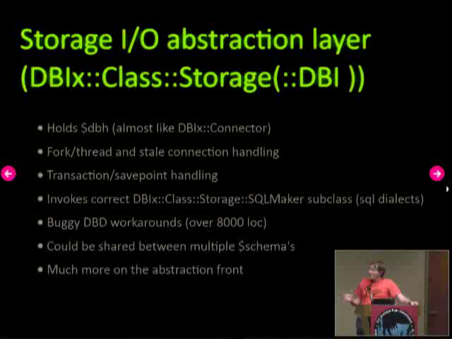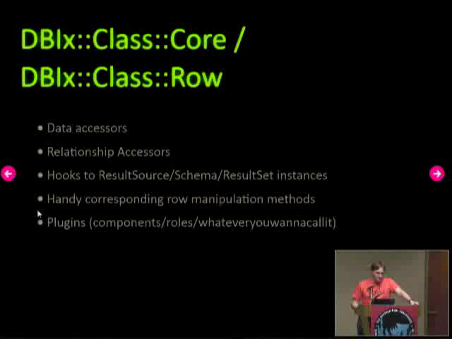DBIx::Class abstracts away a lot of those problematic things when dealing with DBI, which is crufty and poorly specified for some of these stranger things. So it handles holding the DBH for forking. It does transaction stuff consistently. It will generate your SQL correctly for whatever database you've actually connected to. So it's awesome. Some of us are working on taking it out of DBIx::Class so more people can use it, but that's a very painful process.